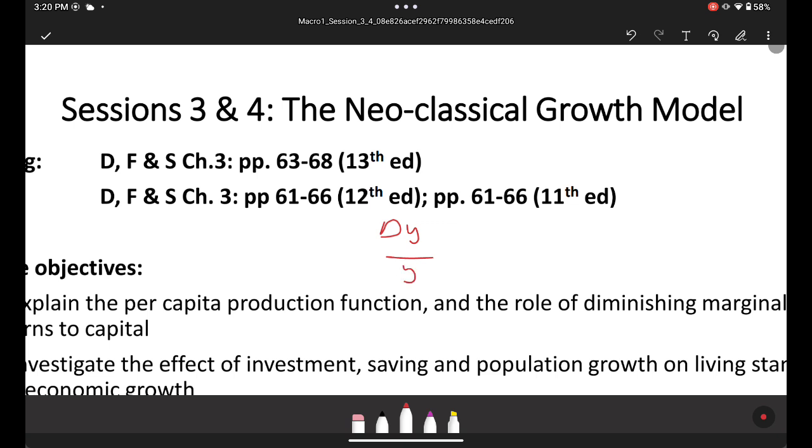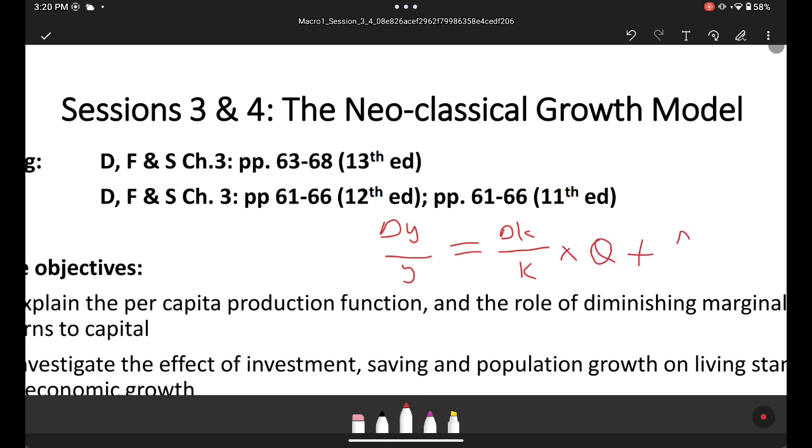Change in y over y is equal to the share times the change in small k, remember, because this is capital per capita, plus change in technology. The share of capital will always be theta.